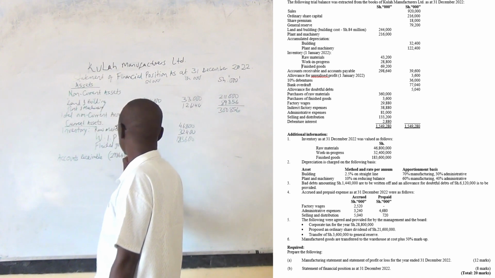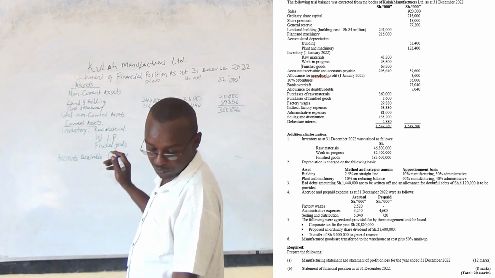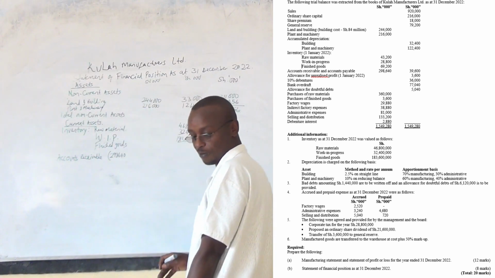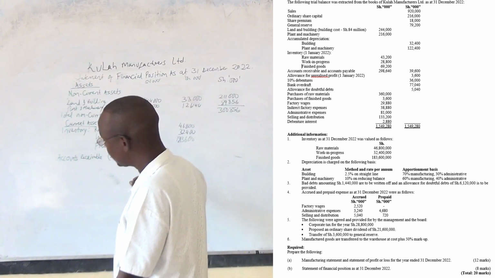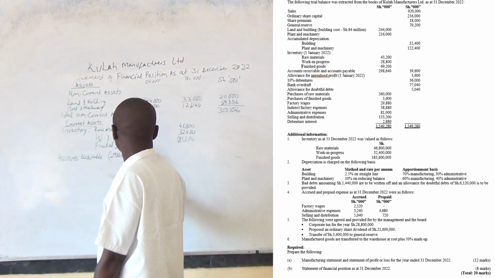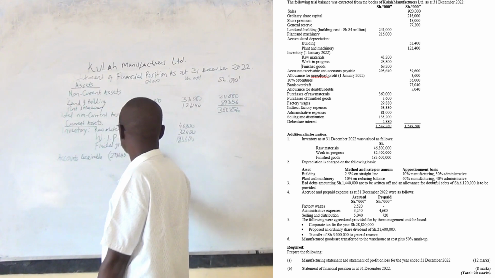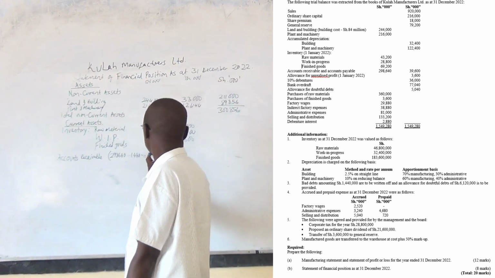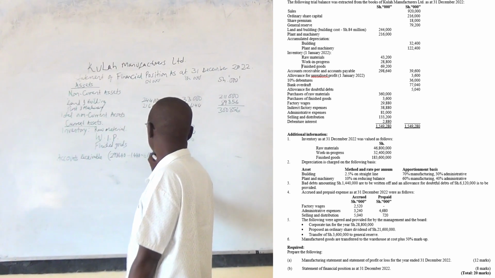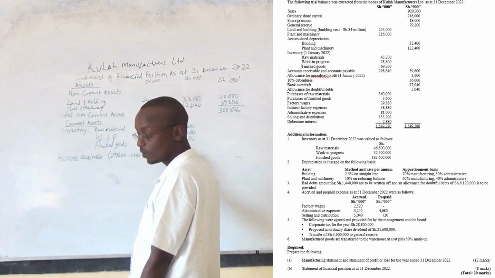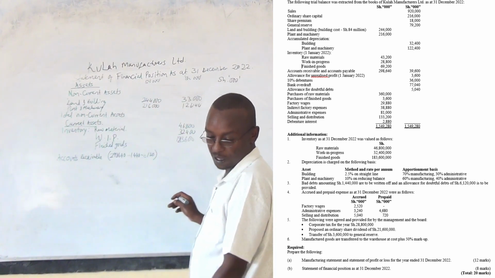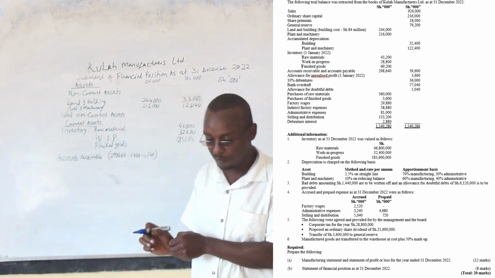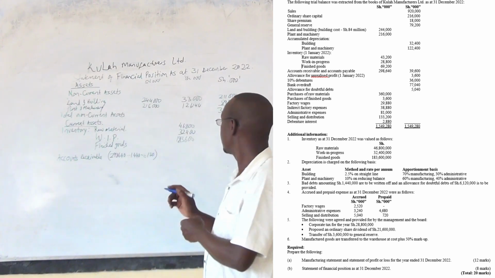You less the bad debts written off 1440 and the allowance 6120. So all this will give you the correct figure for accounts receivable, which is 291,080.